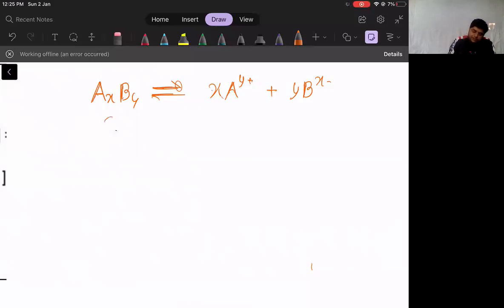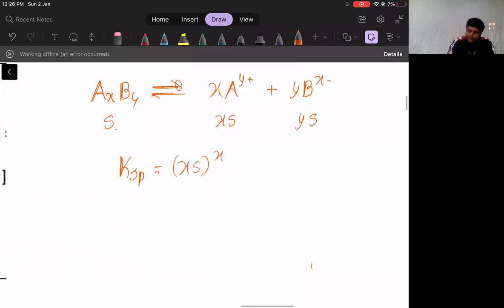If its solubility has to be S, then the solubility of A will be xS and of B will be yS. So the KSP here will be xS raised to power x, yS raised to power y. Eventually this will come out to be x to the x, y to the y, and S raised to power x plus y.